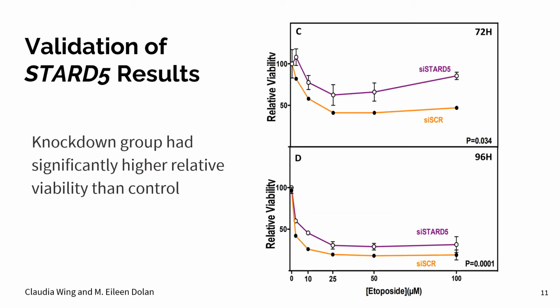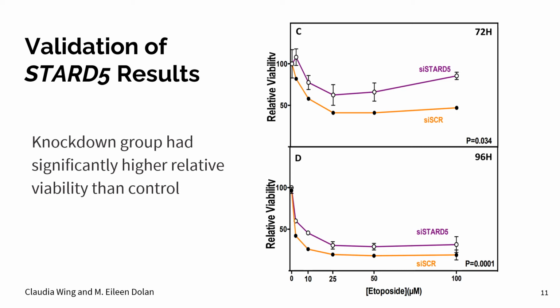And then we were able to validate the results that we had predicted computationally through these experiments, as we found that the knockdown group, which is represented in purple, had significantly higher relative viability than the control group represented in orange on these plots.